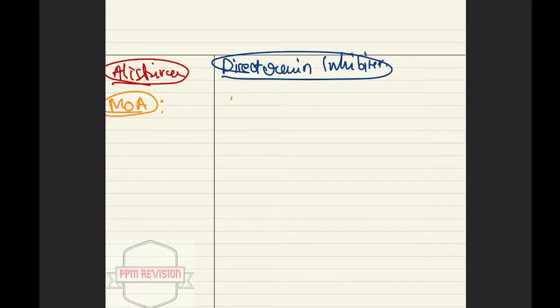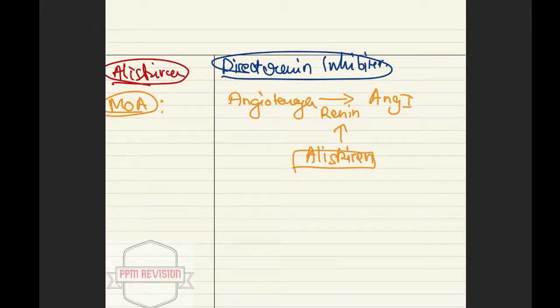So basically angiotensinogen is converted to angiotensin 1, and this is in the presence of renin. This L-carnitine inhibits renin, so angiotensinogen is not converted to angiotensin 1. What exactly happens is angiotensin 1 is not produced.